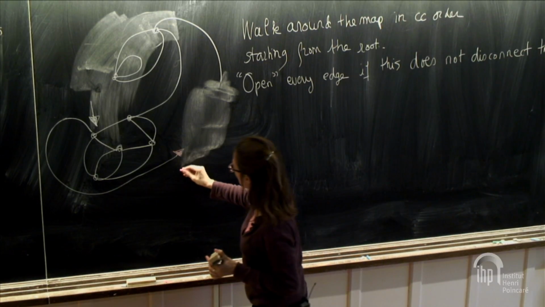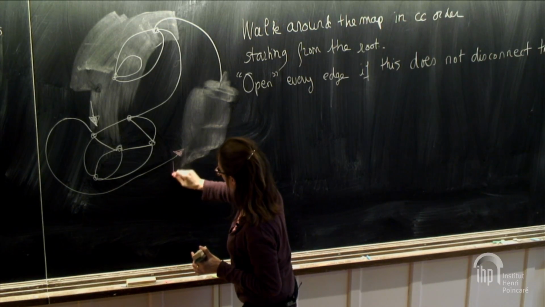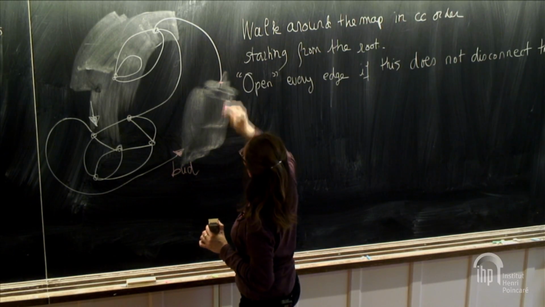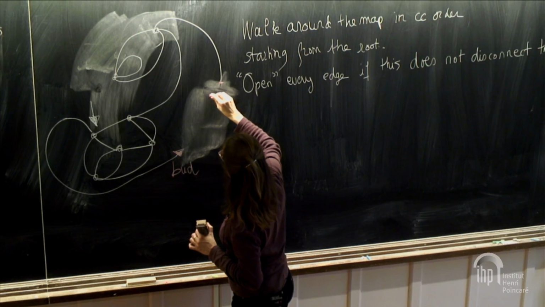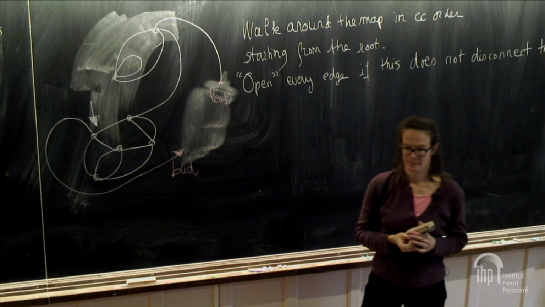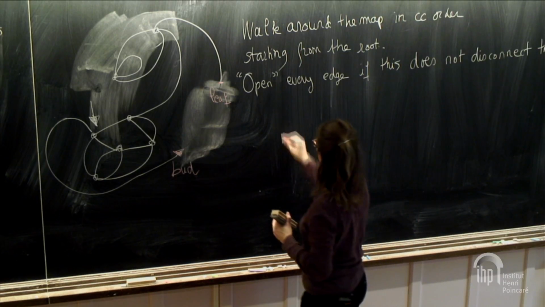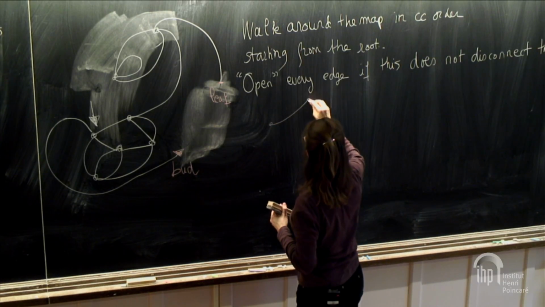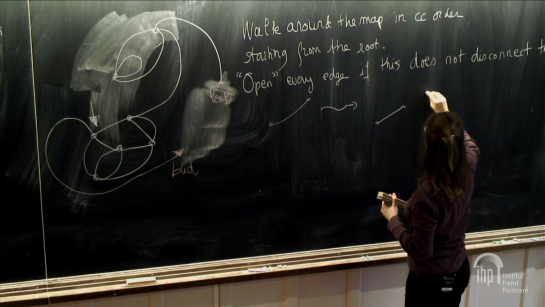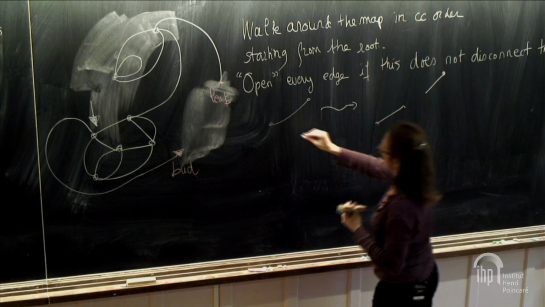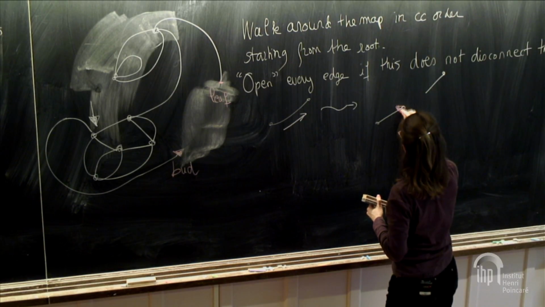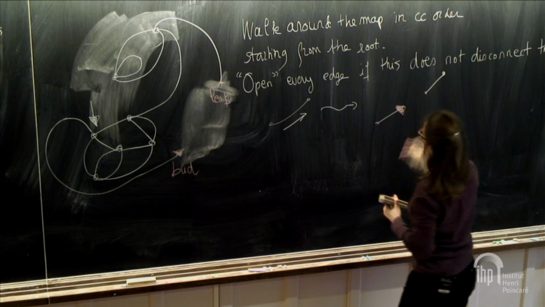The first one I will call, say, a bud. And the other one I will leave like that, and I will call a leaf. So if I was walking like that, this will become a bud and a leaf.